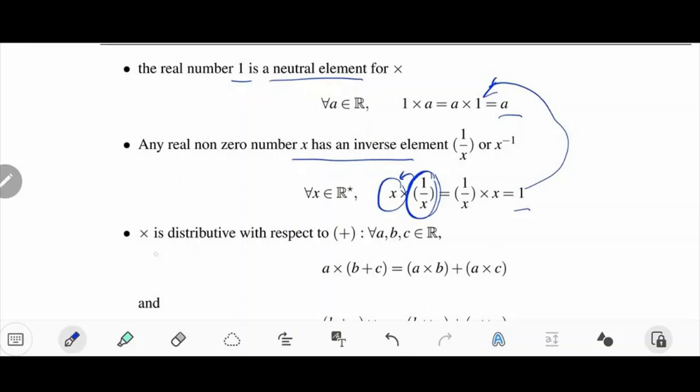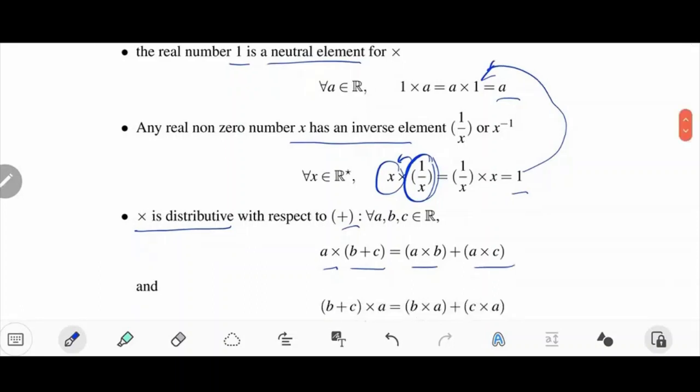And finally, times is distributive with respect to plus, which means that a times (b plus c) is equal to a times b plus a times c. All these properties mean that R has two binary operations having all these properties.